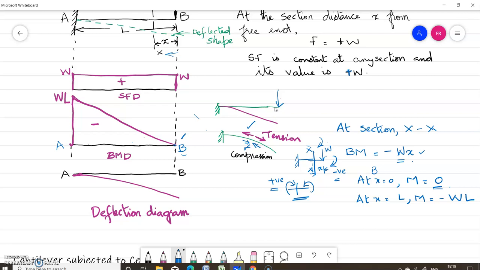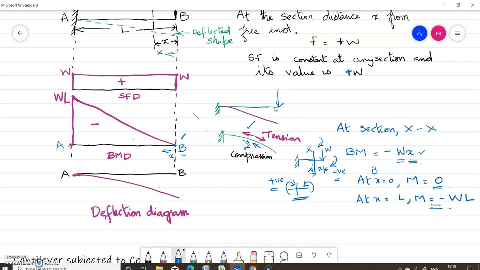Now what is the bending moment at X equal to L, that is at A? We are taking X from B to A, so at X equal to L, bending moment equals minus W into L. This is varying linearly, W into X. So we can draw this ordinate as 0 and this as WL. Joining, you will get a triangular variation.